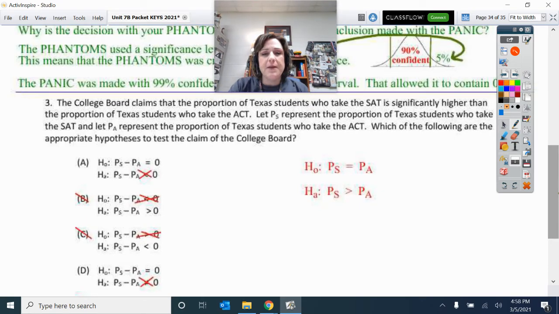Okay, number 3. We wanted to just see what our null and alternative hypothesis statements are. We were wondering if the proportion of Texas students who take the SAT is higher than the proportion of Texas students who take the ACT.